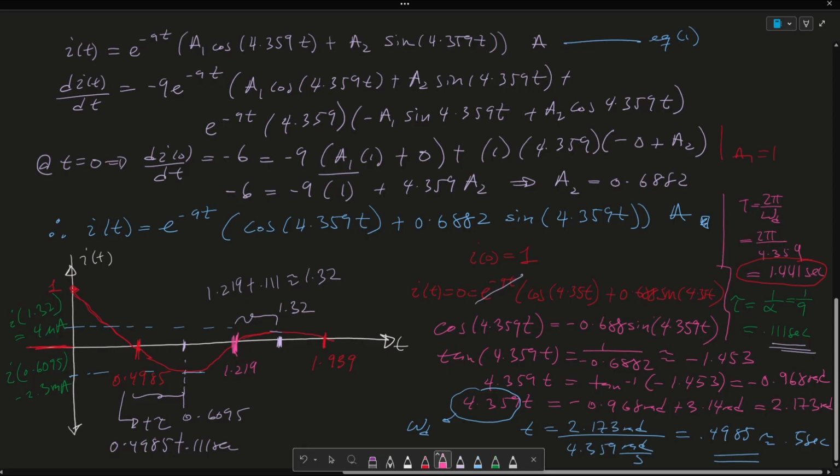And again, it's important to note that in this graph, I have proven that I of T in this source-free series RLC circuit starts off at 1, but then it decays as time goes on. From 1, it goes to this minus 2.3 at some point, and then when it swings back up, it's losing energy, and it's at this 4 microamps.